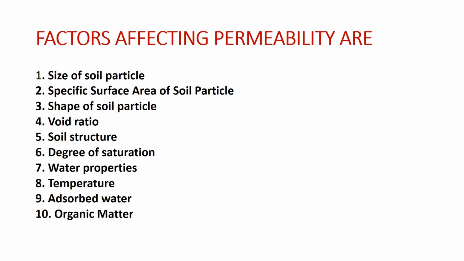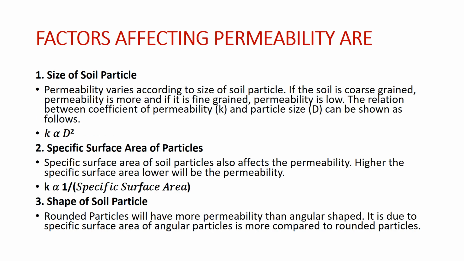Suppose we take size of soil particle, then we know that permeability varies according to size of soil particle. A coarse grained soil which has higher size particles has more permeability, and fine grained soils like fine sand, silts, and clay have lower permeability.